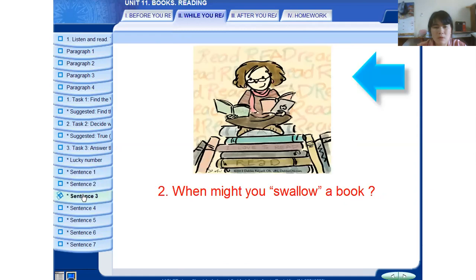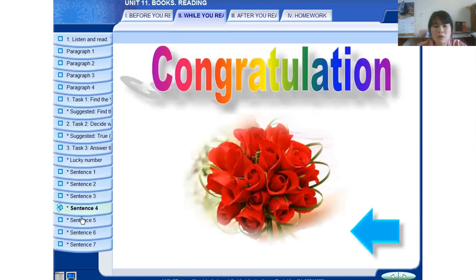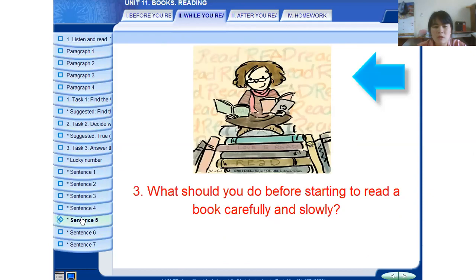Congratulations. What should you do before starting to read a book carefully and slowly? Where can you find the information? You can find it in paragraph 3.